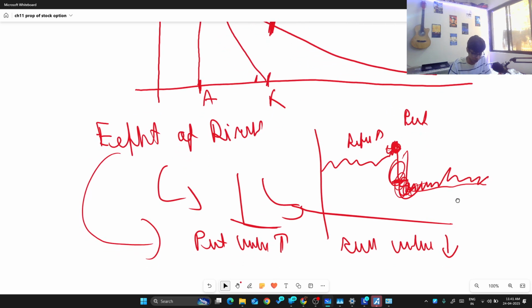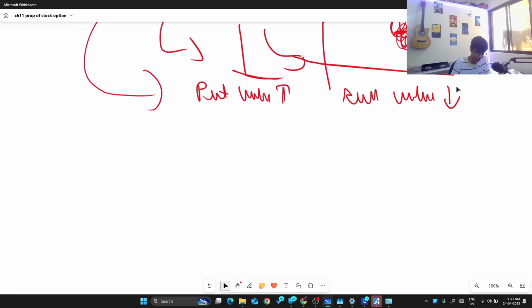And the put-call parity for dividend is simple. You just subtract the dividend from the stock price. D is the dividend, so S0 minus D minus K is the lower bound of the call option, right?